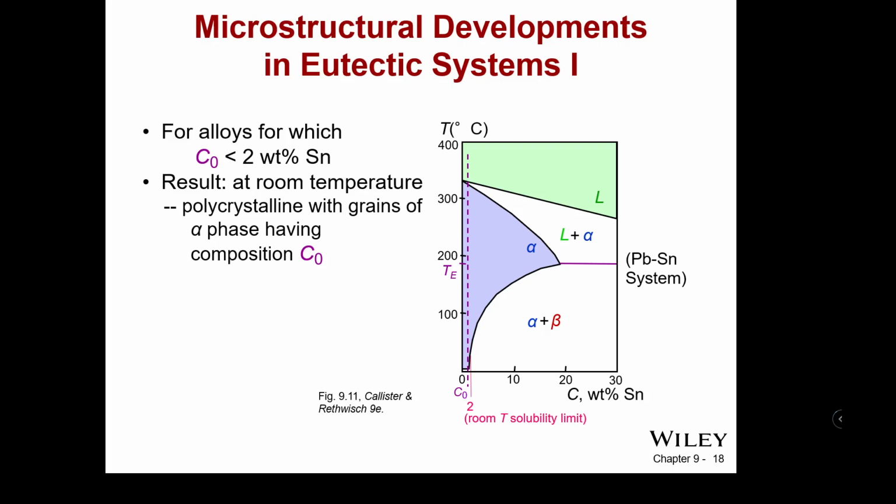All right, there's also a couple microstructural developments that can happen, and so here's an example of that, which becomes pretty critical. So for alloys where the concentration is below 2 weight percent tin, at room temperature, it's polycrystalline, and it has grains of alpha having a composition of C0.